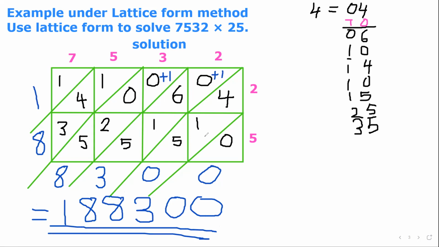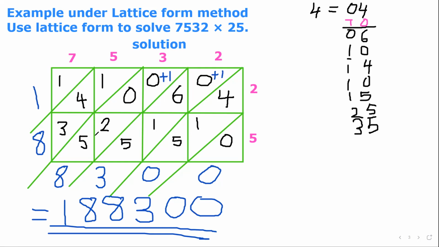The lattice, you make a box, you slide them from the left side. On the right side here, you slide the box here, and each box represents the tens and the ones of the digits. So when you multiply, you record the tens and the ones, exactly the one that I did here.